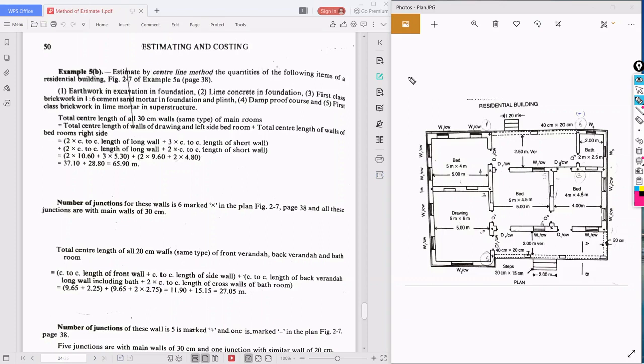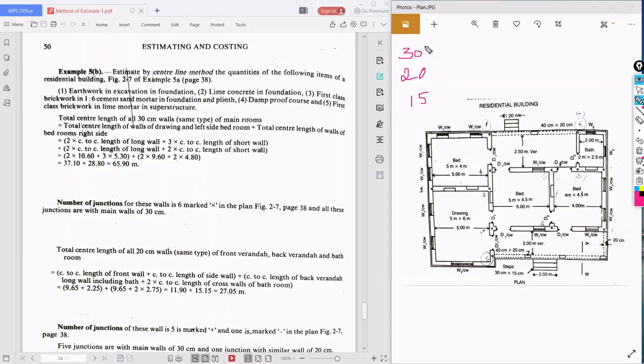Here, we are taking the length of the walls of the same type. Same type in the sense of the width of the wall. Is it a 30 centimeter wall, a 20 centimeter wall, or a 15 centimeter wall? So we are taking note of the width.